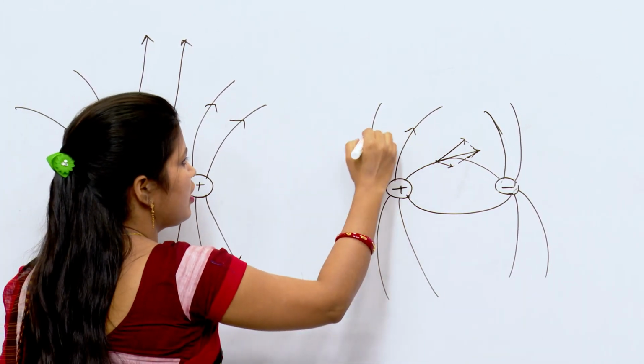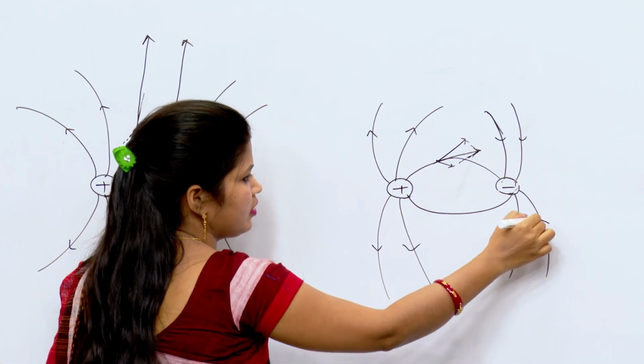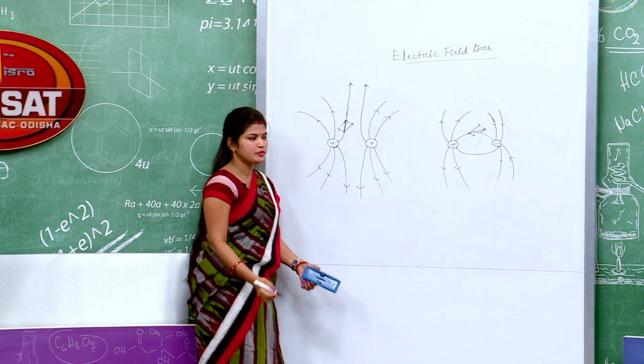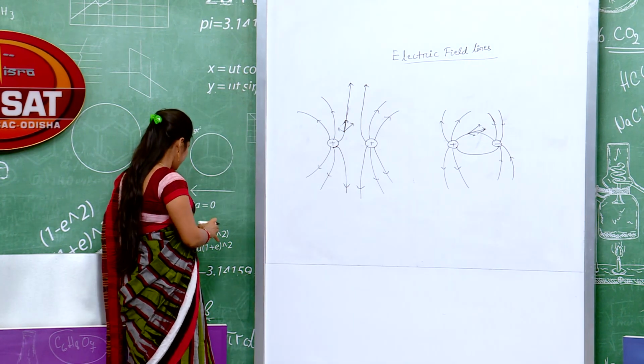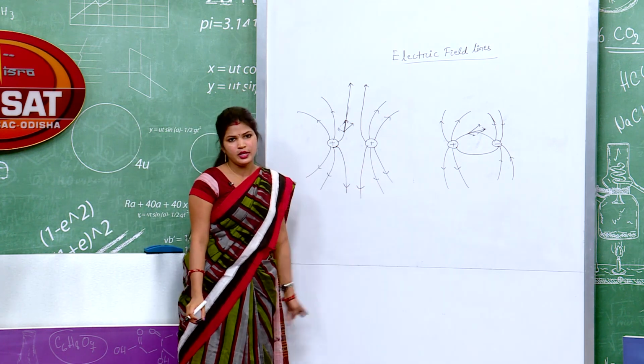That is, here is outward and here is inward. So, these are the rules. In this way we can draw those electric field lines.